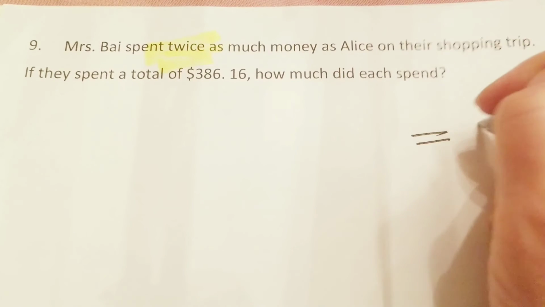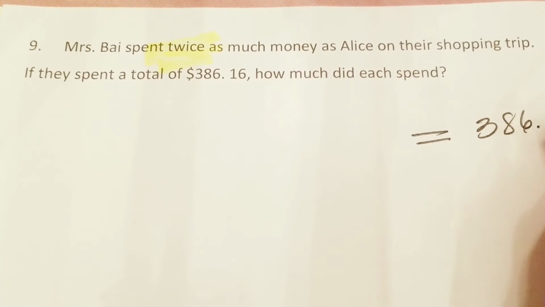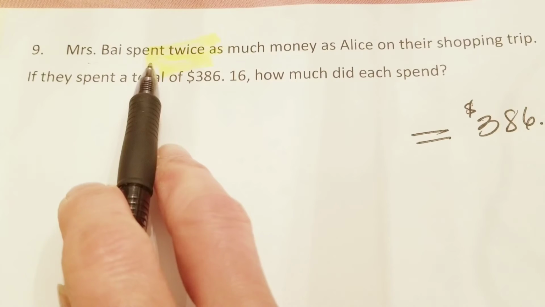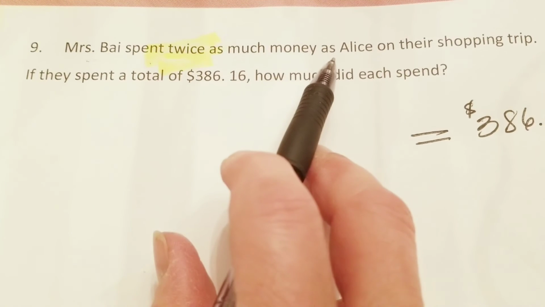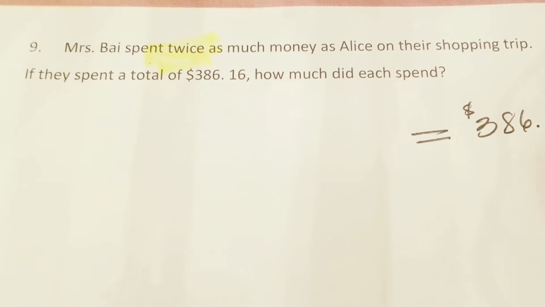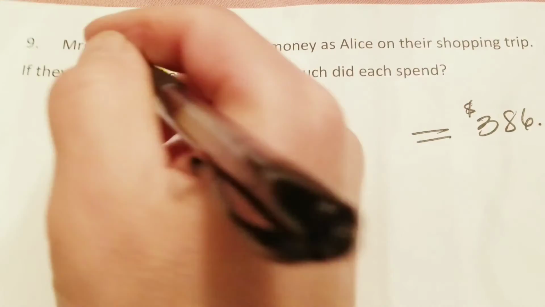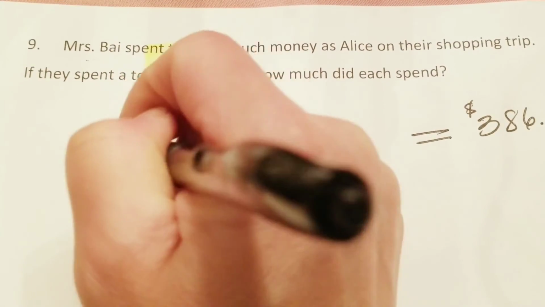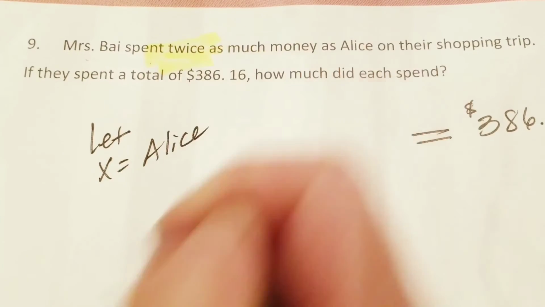So we got a total here. And we know that Mrs. Bai spent twice as much as Alice. So let's let Alice, oops, you guys can't see that. Let X equal what Alice spent.